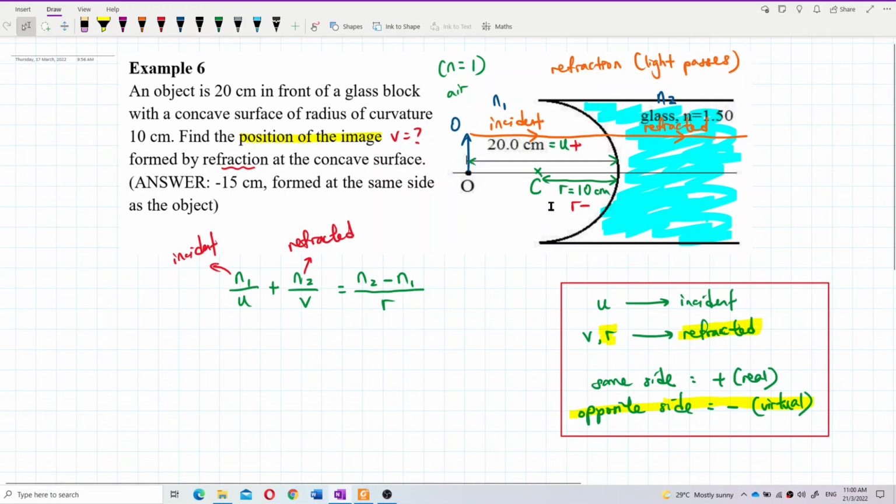So okay, now we can substitute the value. So N1 is 1, plus N2 is 1.5 over V, equal to N2 minus N1 over R. Now object distance is positive 20 centimeter.